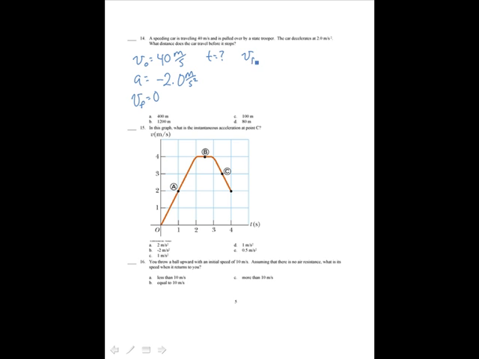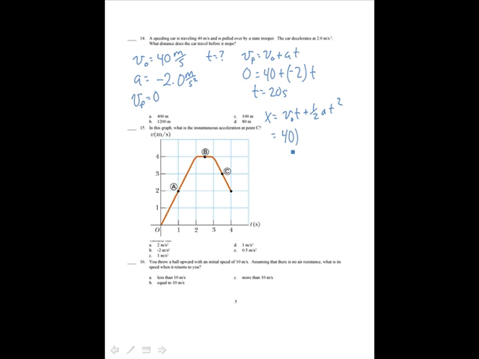So I'd say v final equals v naught plus at. 0 is equal to 40 plus minus 2 times t, and then I solve for t. T is equal to 20 seconds. So it requires 20 seconds to stop. Now, I want to find x. So I just say x is equal to x naught plus v naught t plus 1/2 at squared.